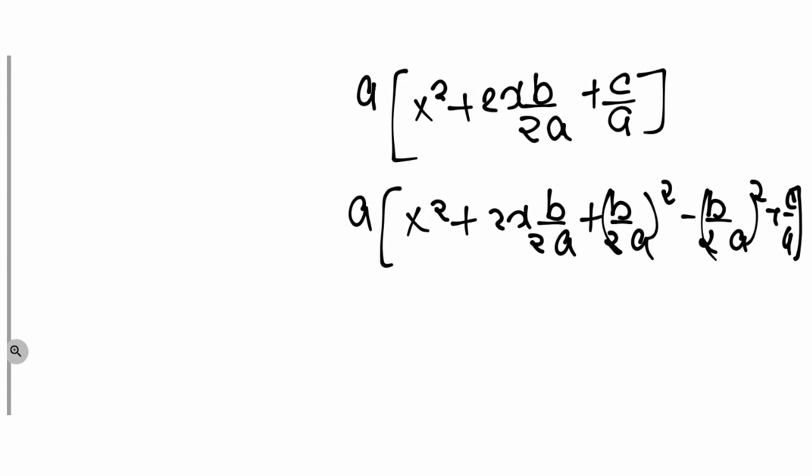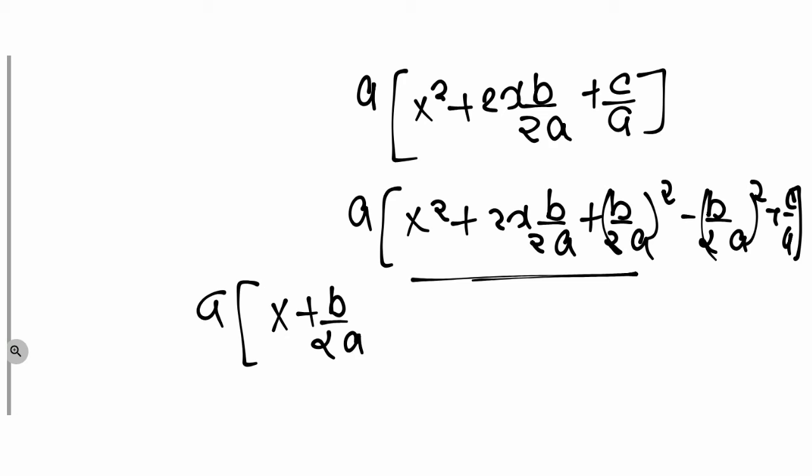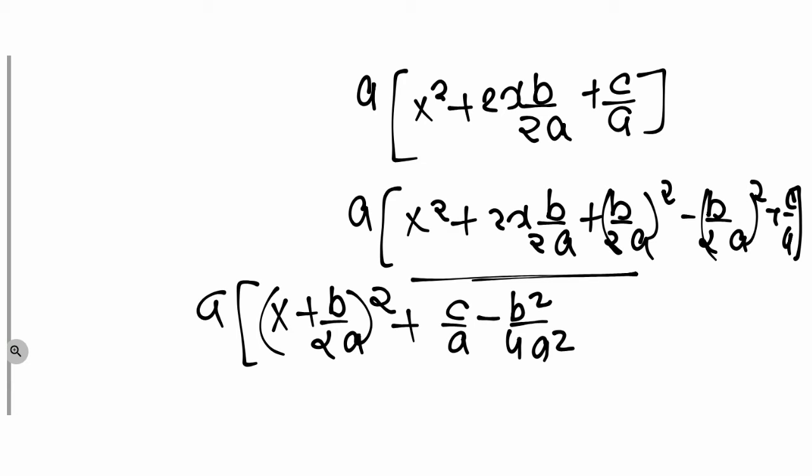In the same way, this is the perfect square of a into x plus b by 2a whole square, and c by a minus b square by 4a square. Suppose we say this is alpha square.